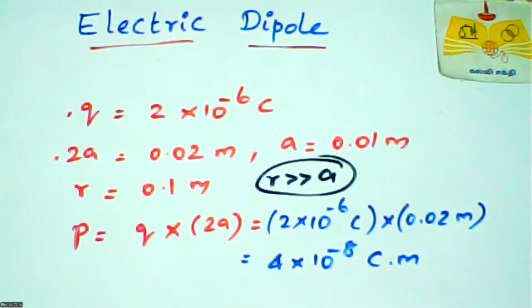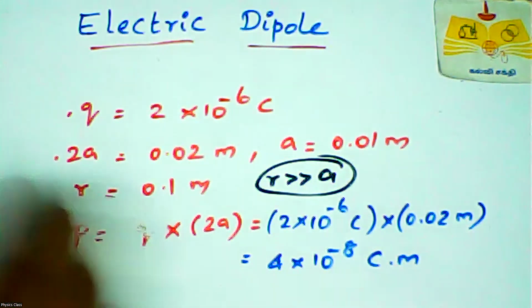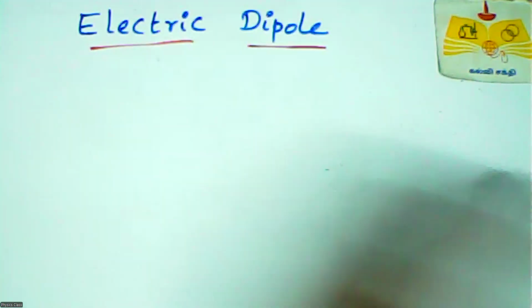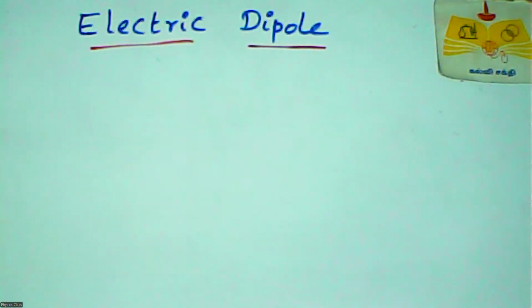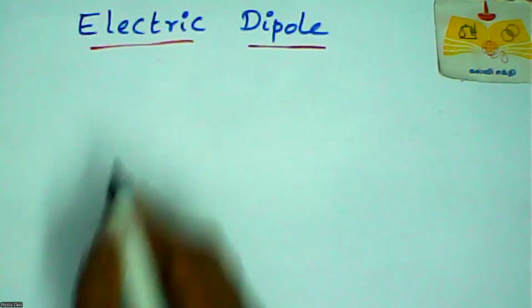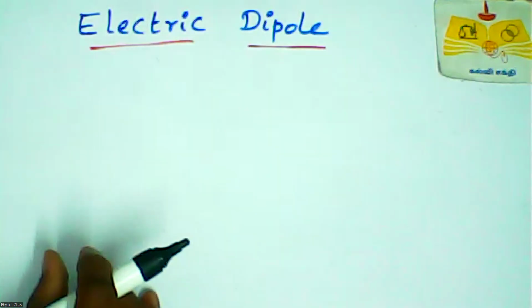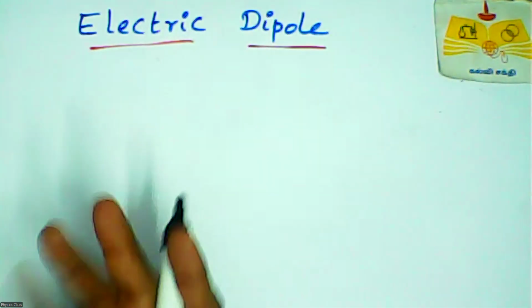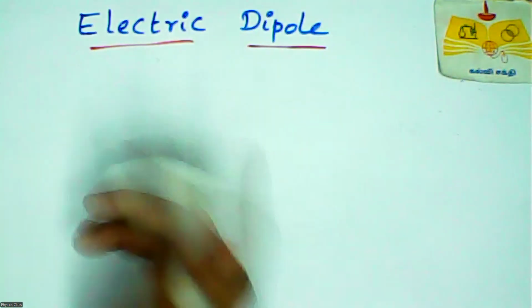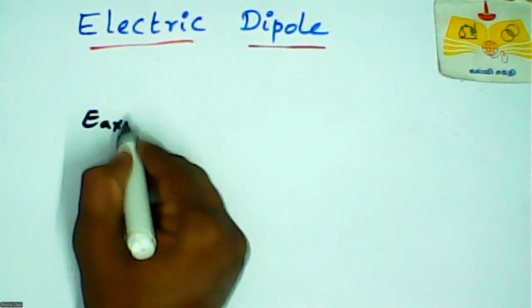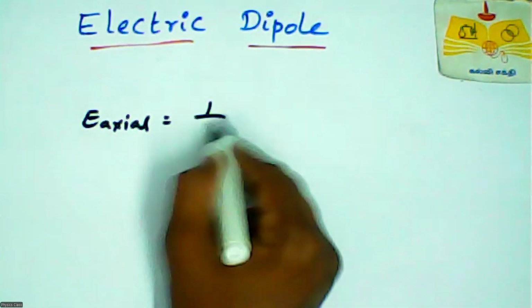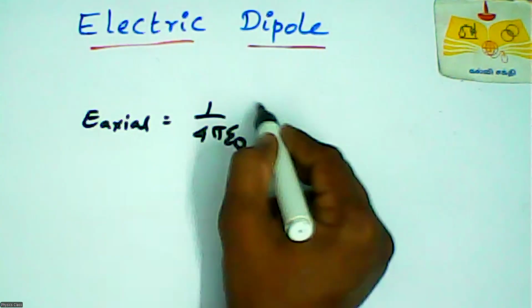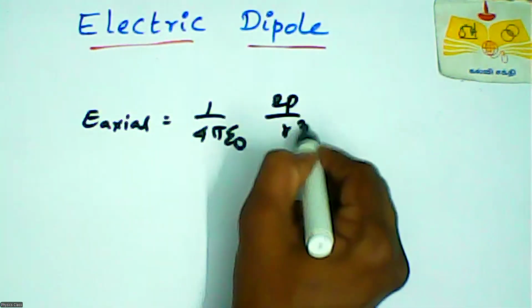Yes, correct. Then we will calculate for the short dipole, because R is much greater than A. So we can use the simplified formula for the short dipole. E axial equals 1 by 4 pi epsilon naught times 2p by R cube.